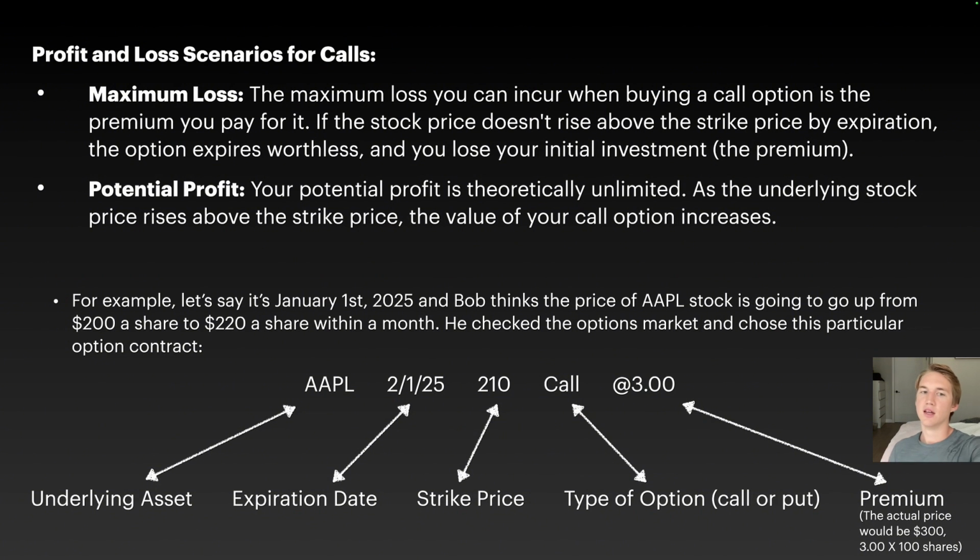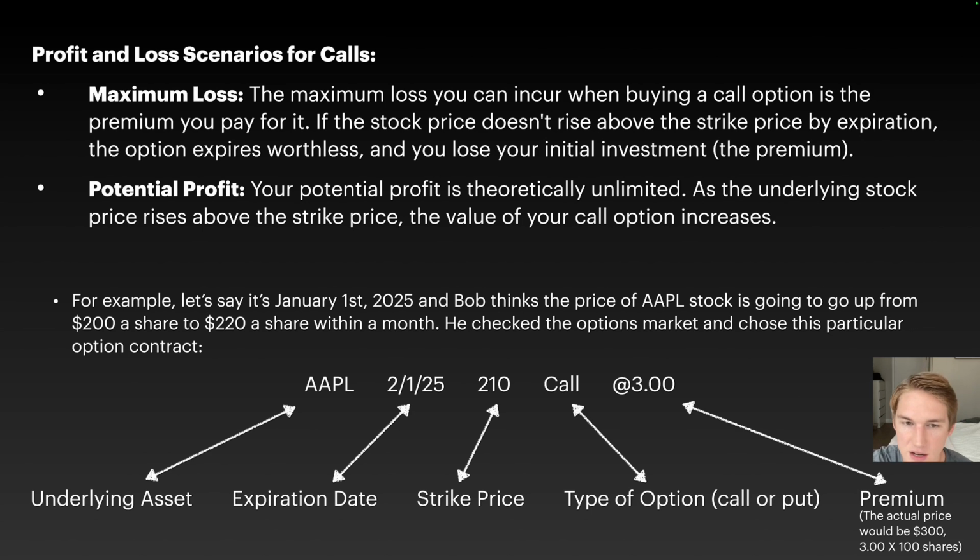So for example, let's say it's January 1st, 2025, and Bob thinks the price of Apple stock is going to go up from $200 a share to $220 a share within 1 month. He checked the options market and chose this particular option contract. So he chose the Apple 2/1/25, 210 calls at $3 apiece. So Apple is going to be the underlying asset.